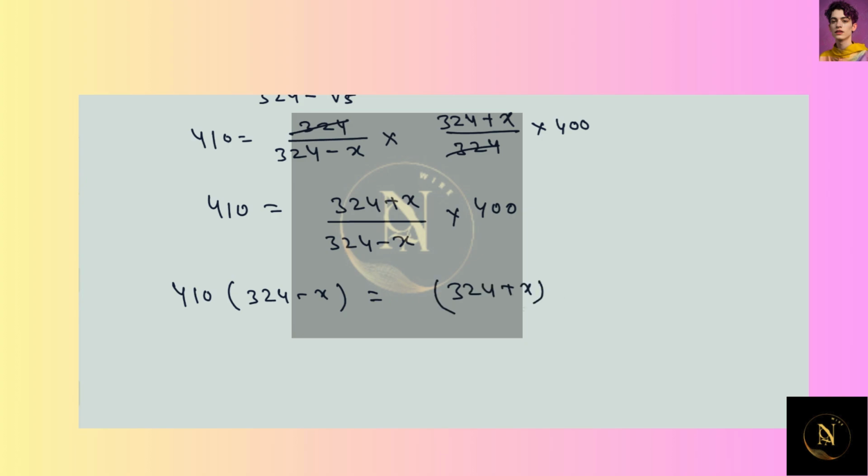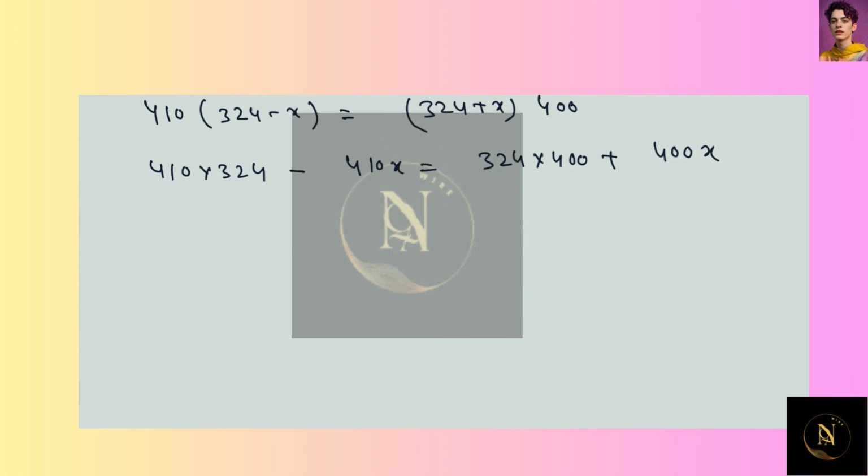Now we cross multiply. So 410 multiplied by 324 minus x equals 324 plus x multiplied by 400. Expanding, 410 multiplied by 324 minus 410x equals 324 multiplied by 400 plus 400x.